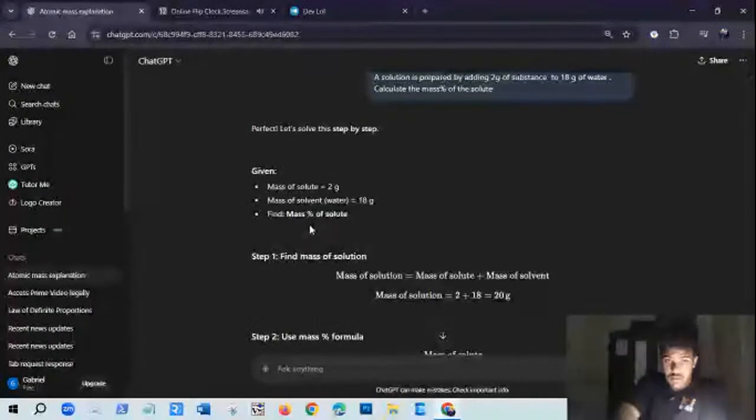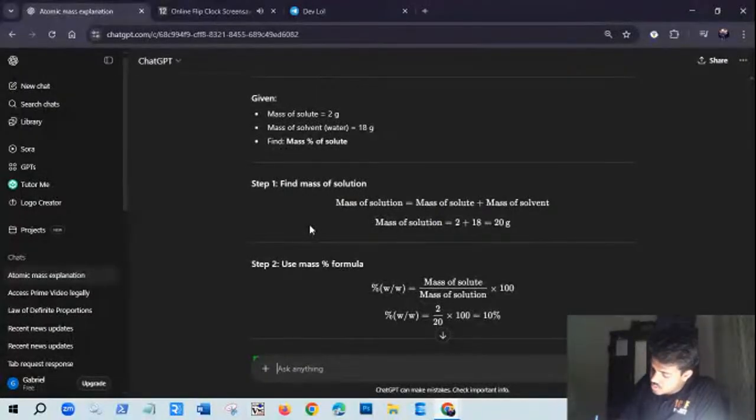So the mass of solute is 2 grams. The mass of solvent is 18 grams.